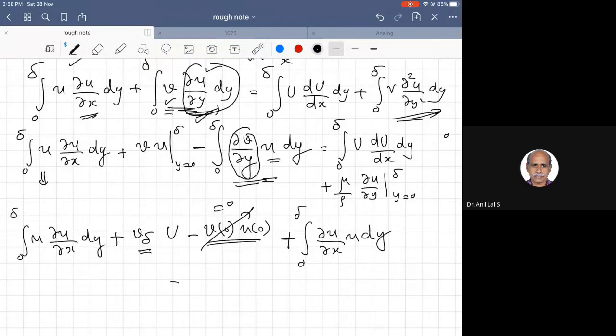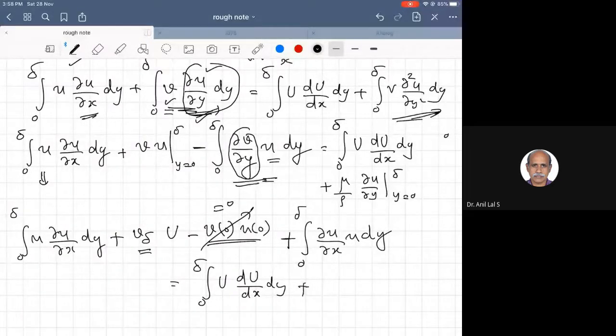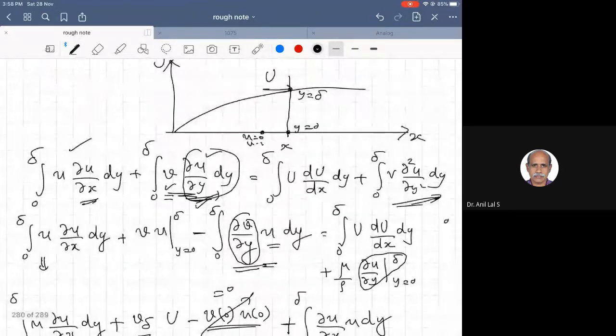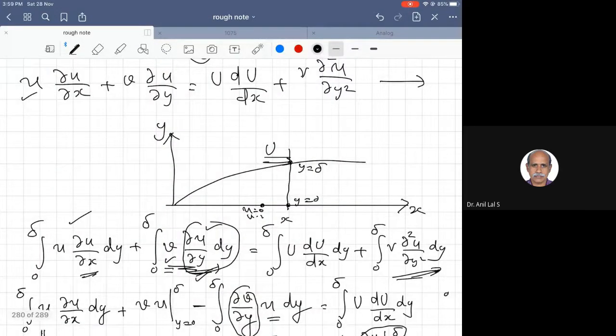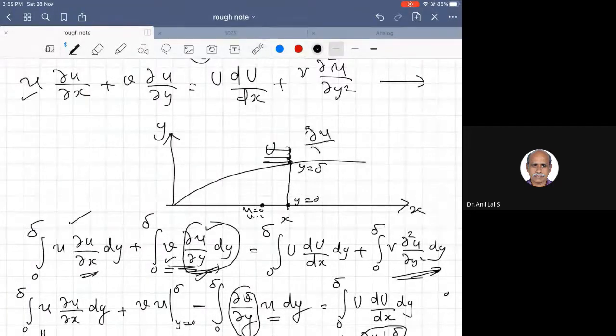So this is equal to integral 0 to delta of capital U, capital U du by dx dy, plus dou u by dou y at delta. U remains the same, so dou u by dou y at y equal to delta is 0.